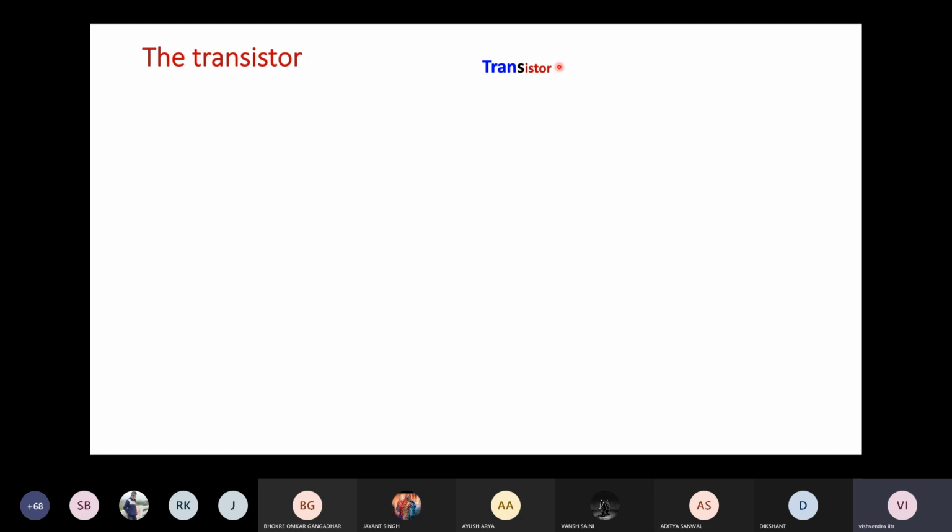So we are transferring the current across a variable resistance region, and by combining this transfer and resistor, the word transistor came up. Yes, anybody else has anything to say? Yes, can you repeat why trans is there?